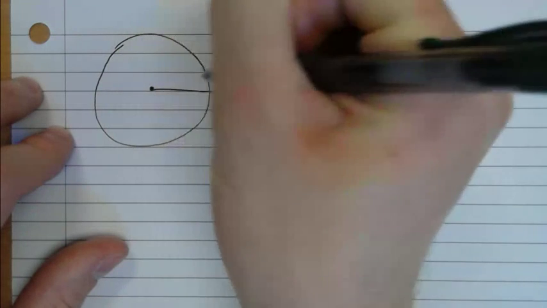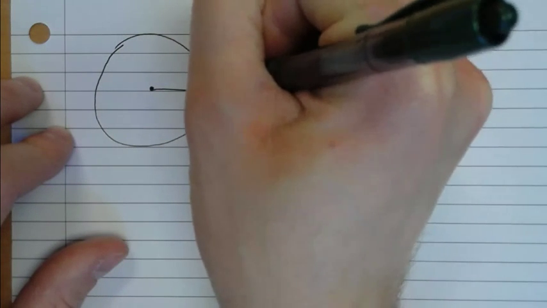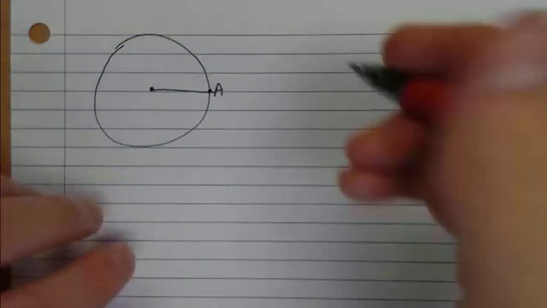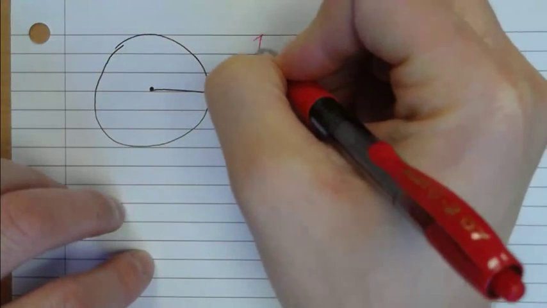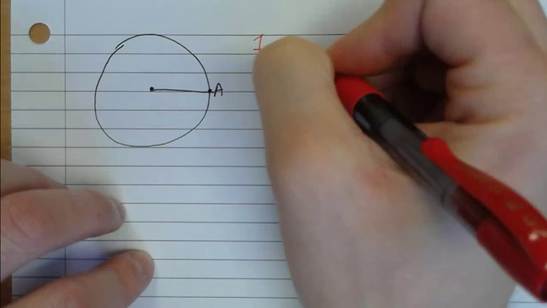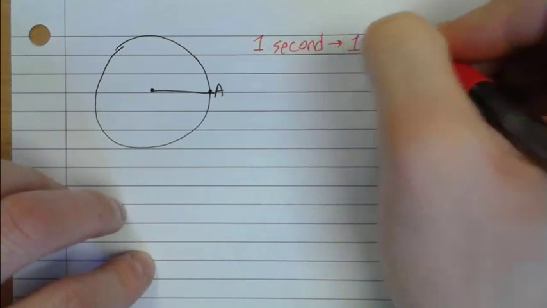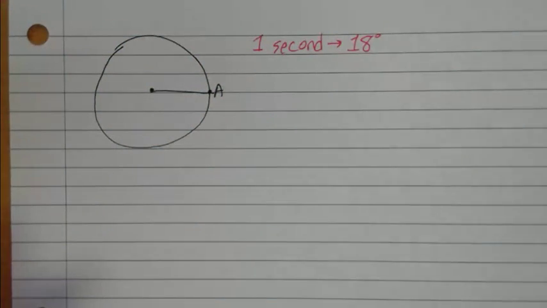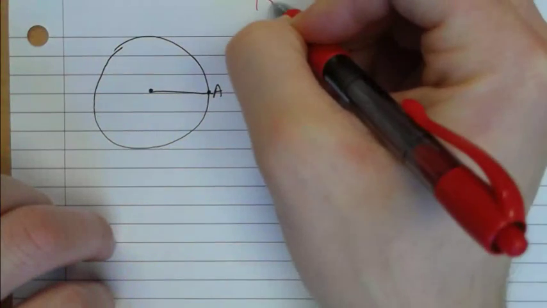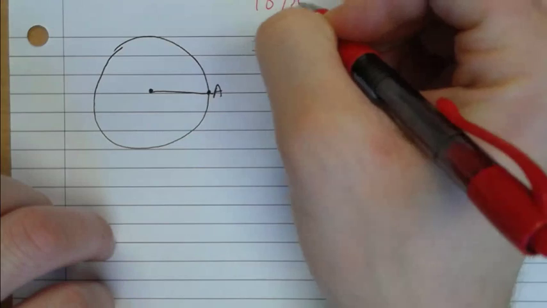So our first circle that we're going to draw is our Ferris wheel, and we have point A where our ride is starting. If we're doing 1 second, that is going to be 18 degrees, because we know that it is 18 degrees per second.